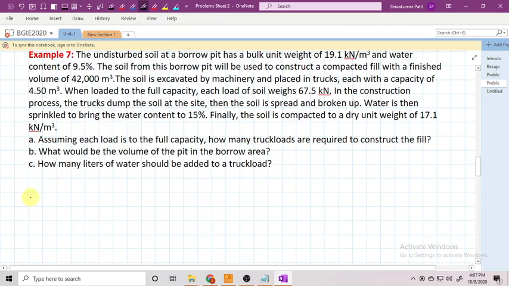Okay, undisturbed soil sample. The undisturbed soil at a borrow pit has bulk unit weight. So what is the bulk unit weight? 19. Again there is a borrow pit here, so let me draw a small borrow pit. So this is the borrow pit.